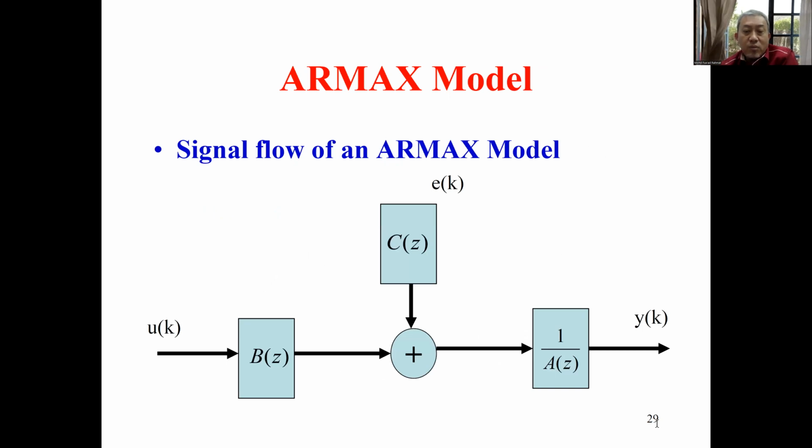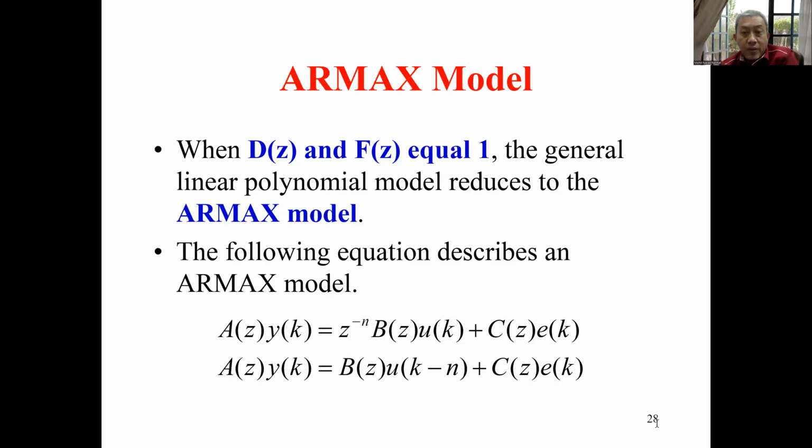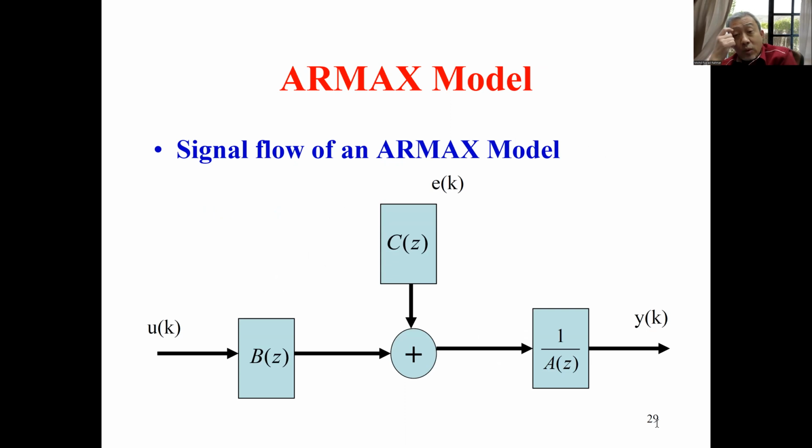When you assume D and F equal to 1, it gives you this signal flow for the ARMAX model. Input path is the B polynomial, stochastic path is the C polynomial, and the output path is 1 over the A polynomial.